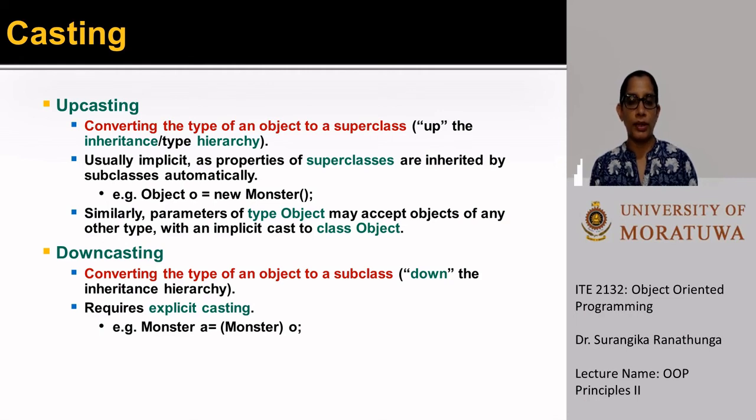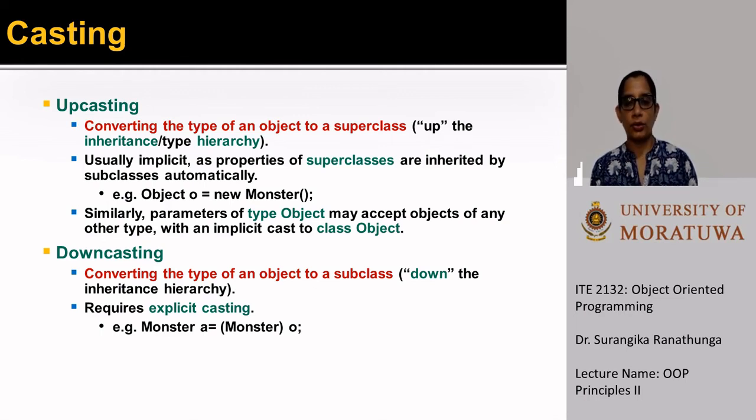So the linked list object, which is of the subclass type, can be directly converted to an object of the superclass type Q. And another example, employee E equals new non-academic employee. So the object that is of subclass type can be directly converted to an object of the superclass type.